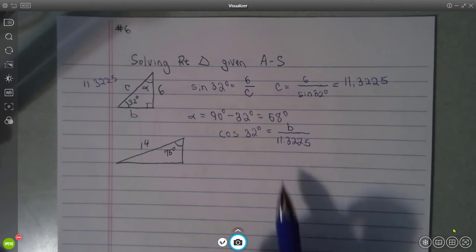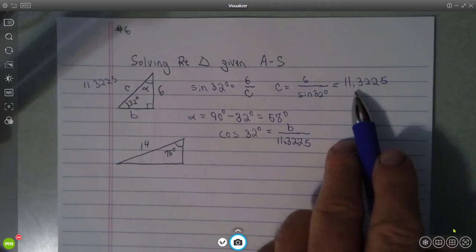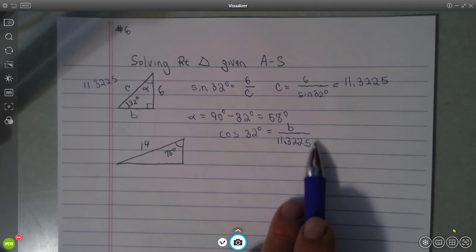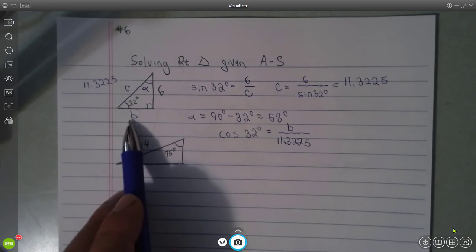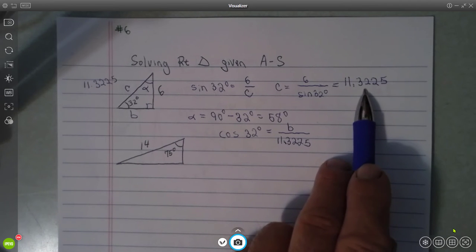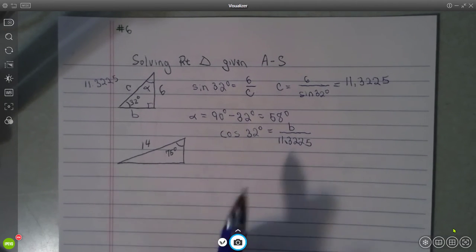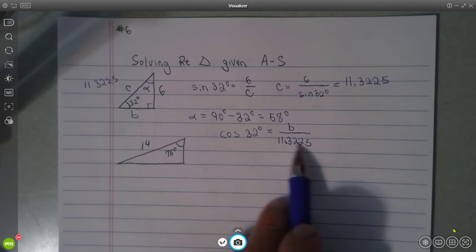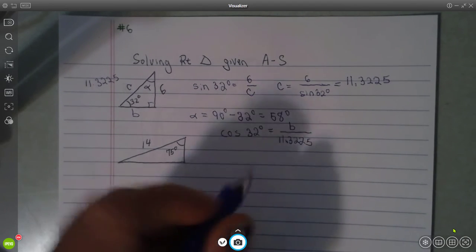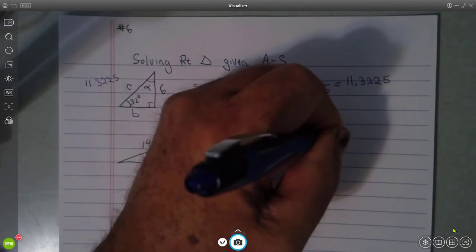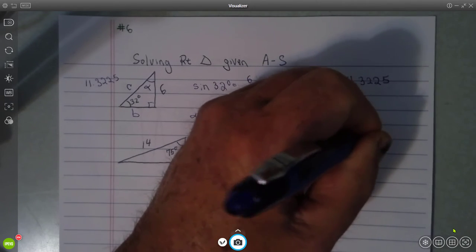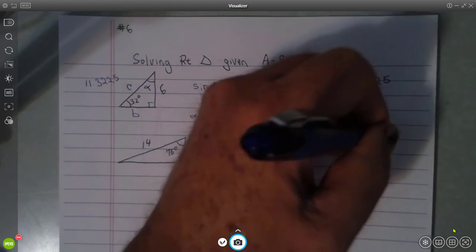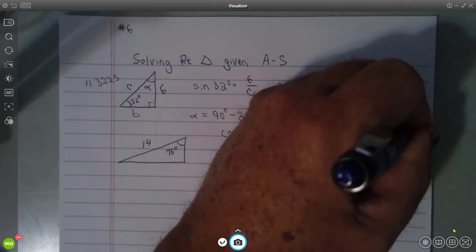And this step right here is why we are keeping so many decimals. If this had been rounded off, this would be an inaccurate calculation, and we really would have to avoid using this calculated side in further steps. But in this case, we kept a lot of decimals, so we just multiply through by that value, and we have B is equal to 11.3225 times the cosine of 32 degrees.